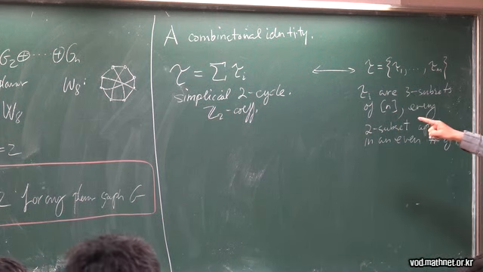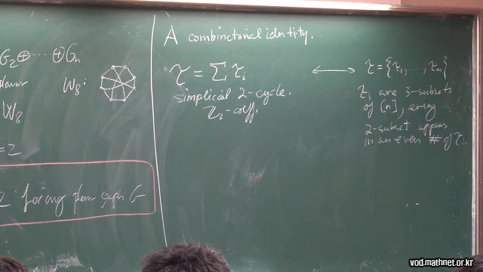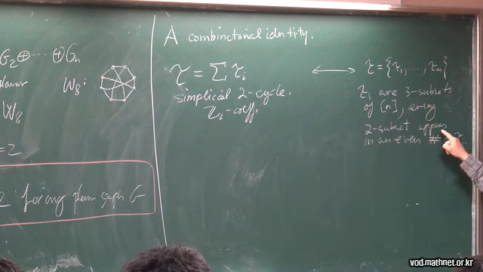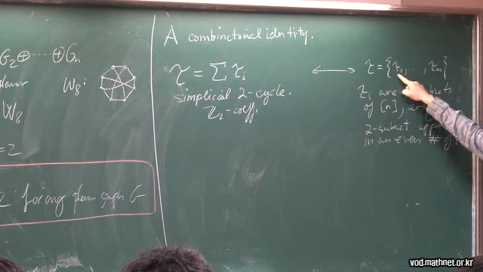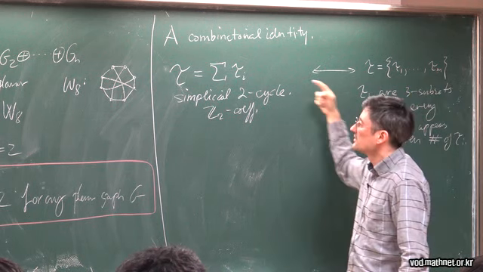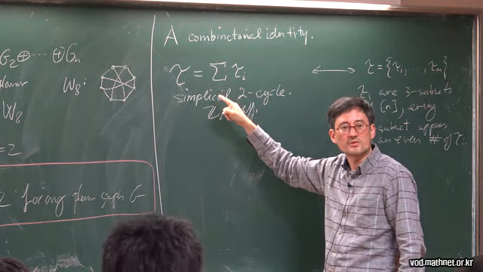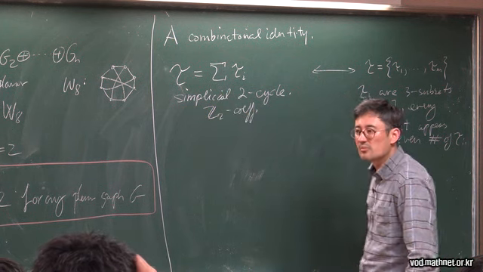That's all this statement here means. Okay, so you have, say, a three-uniform hypergraph. Every two-element subset appears in an even number of these guys. This is translated, this is a simplicial 2-cycle mod Z2.